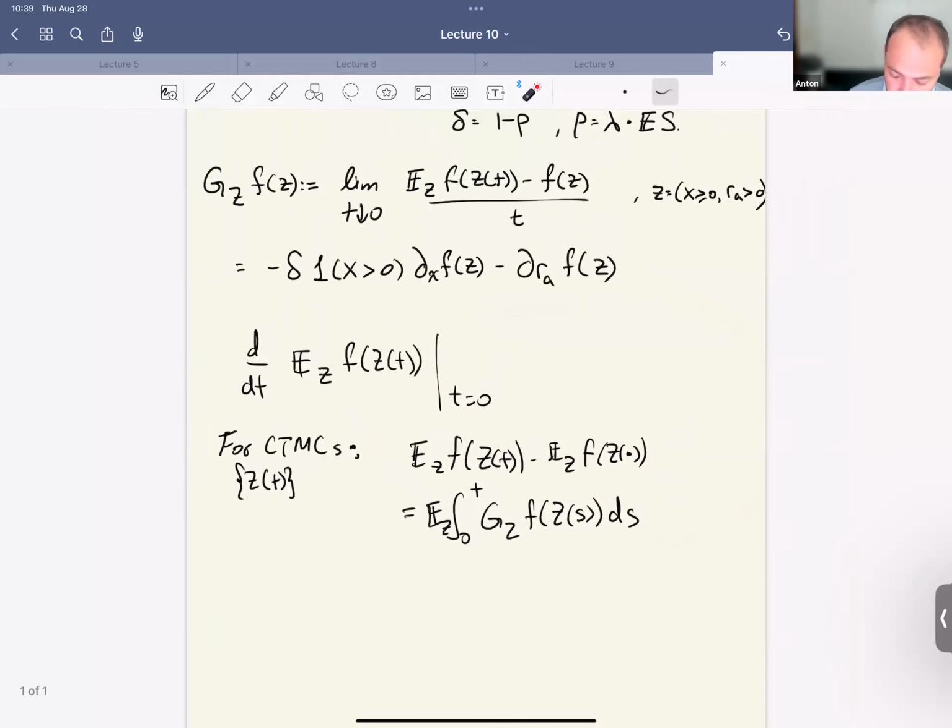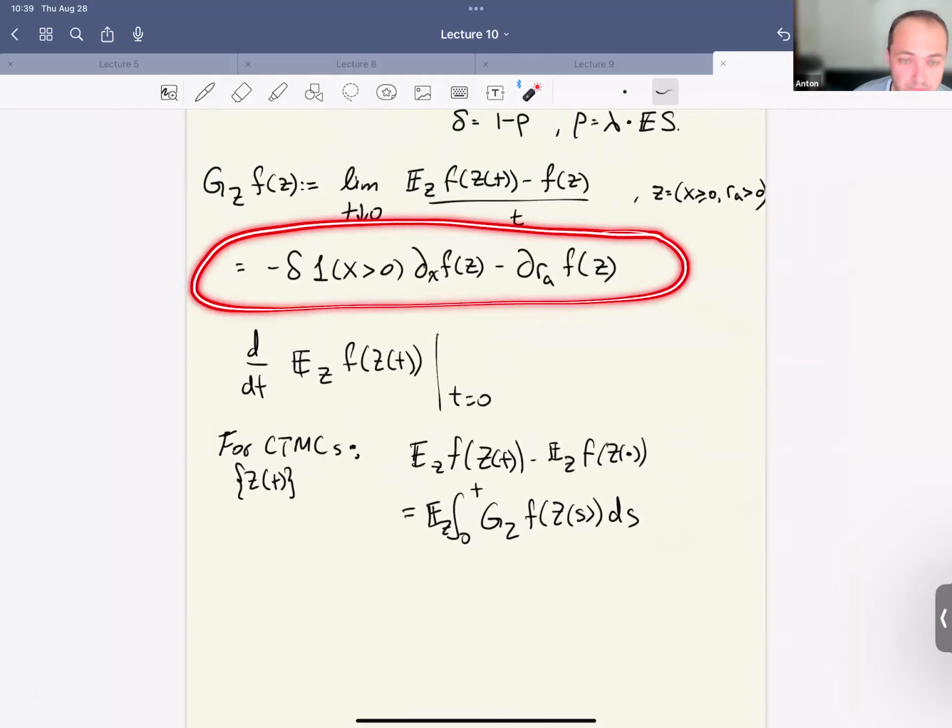Now let's come back to our example and look at the generator we derived.